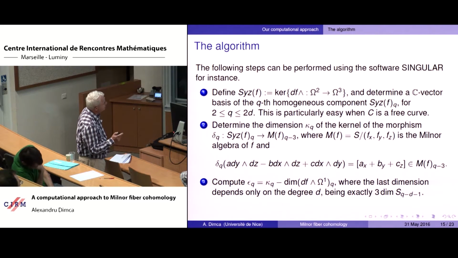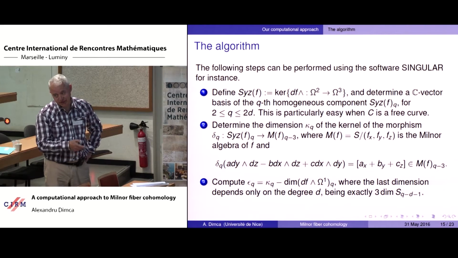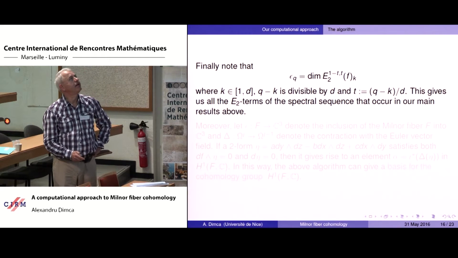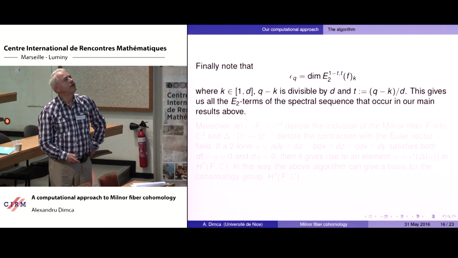And in the spectral sequence, I have the quotient between the CGGs and this image. And that's why I have to make this difference. Okay. And after all this, I get exactly the dimension of the two terms of the spectral sequence.